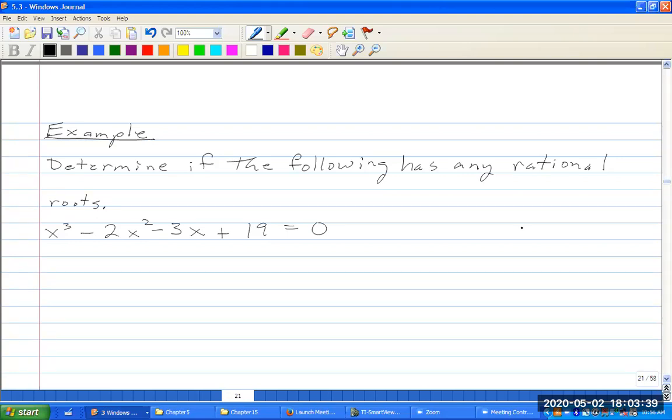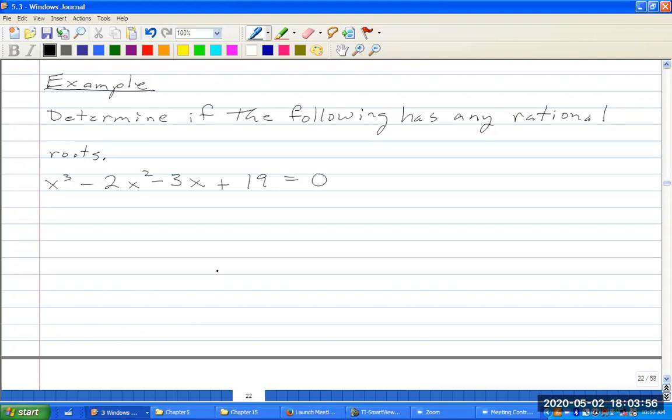Okay. So let's determine if the following has rational roots. And so I have x cubed minus 2x squared minus 3x plus 19 equals 0. So let's first see, is this irreducible?